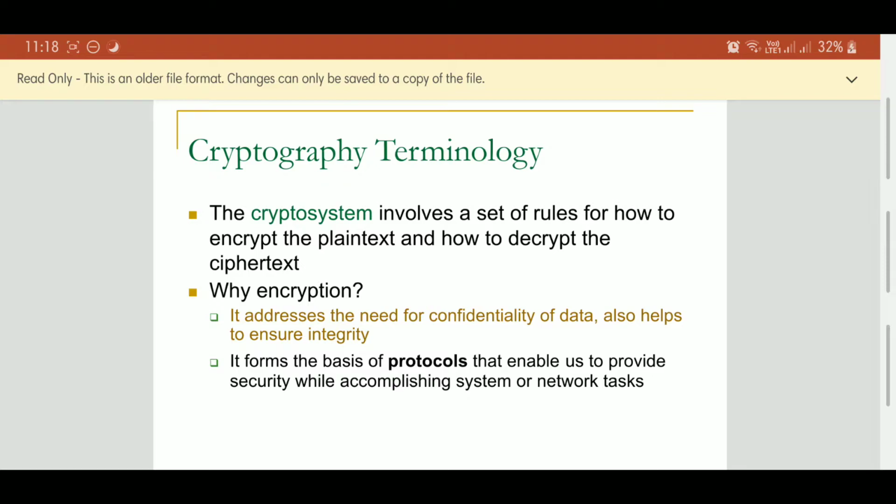The crypto system involves a set of rules for how to encrypt the plain text and how to decrypt the ciphertext. Why encryption? It addresses the need for confidentiality of data, also helps to ensure integrity. It forms the basis of protocols that enable us to provide security while accomplishing system or network tasks.